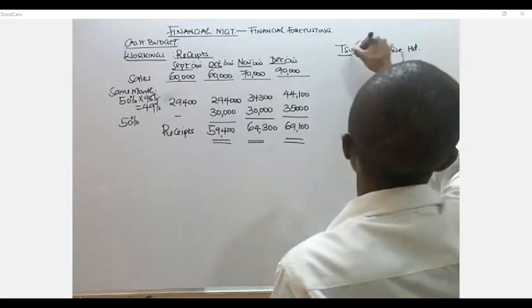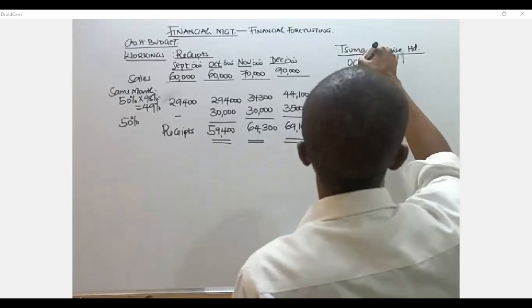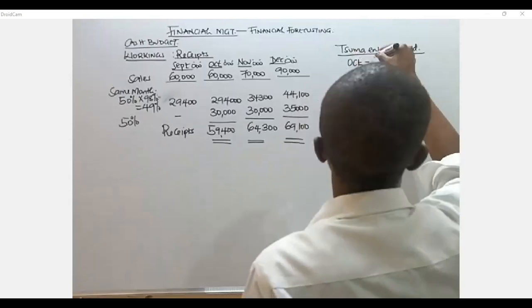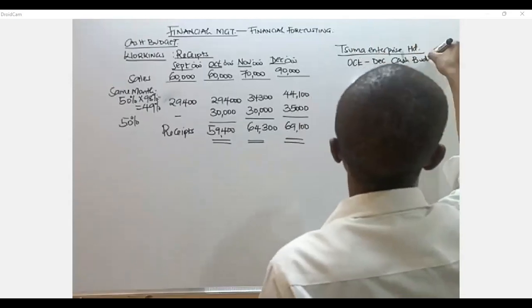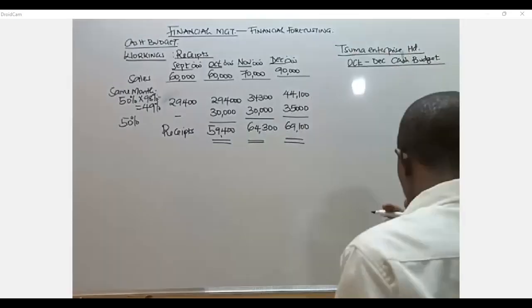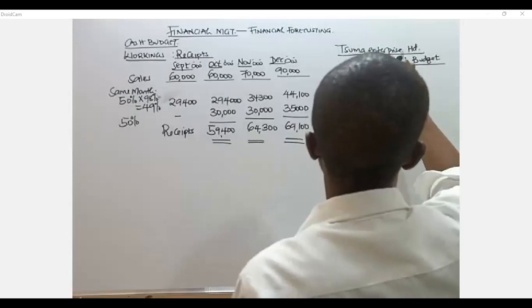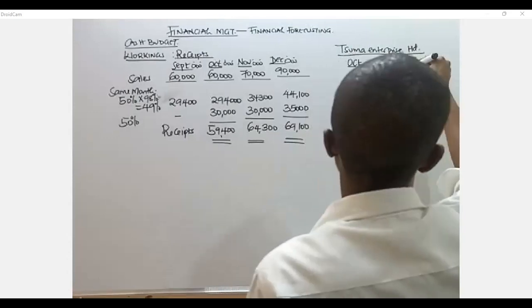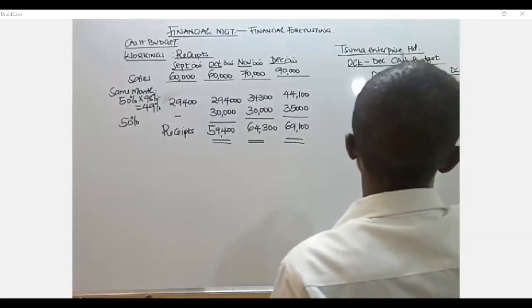So in this case, you are doing the October to December cash budget. In this case, we just need to come up with the number of months here. We have November, then we have December, which is the last one.